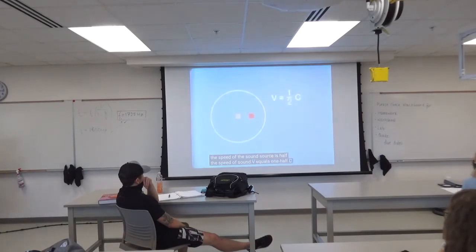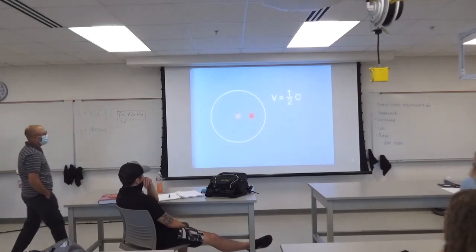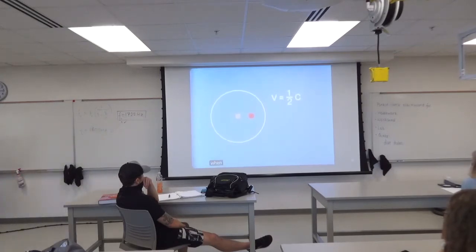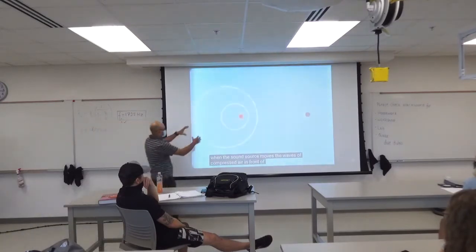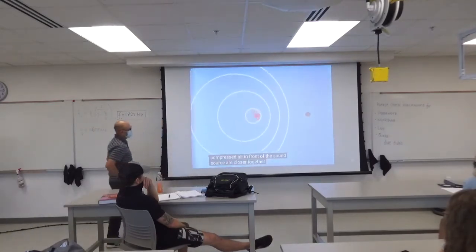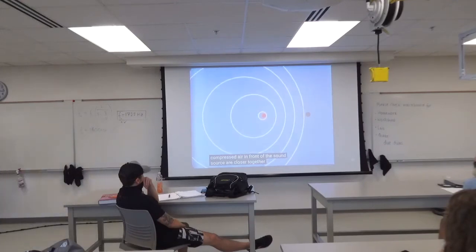So the source is traveling at half the speed of the wave. The wave itself is traveling, expanding, and the source is also traveling with the wave. But the speed of the wave is greater than the speed of the source.